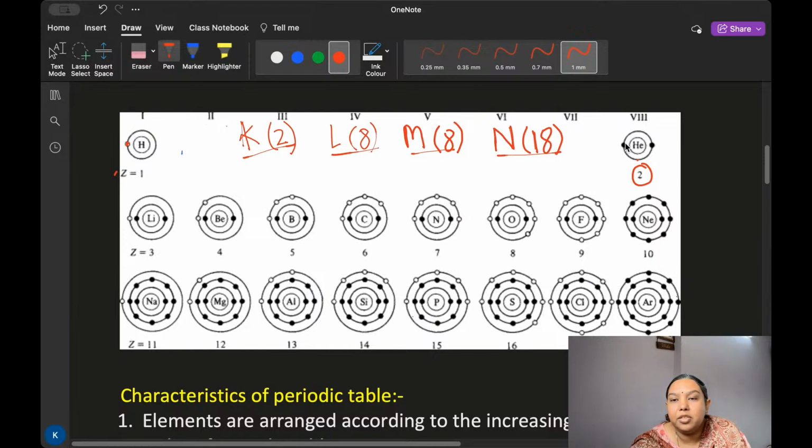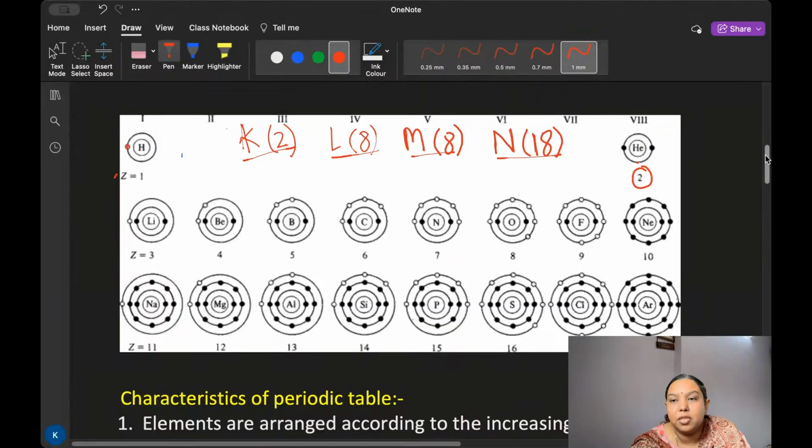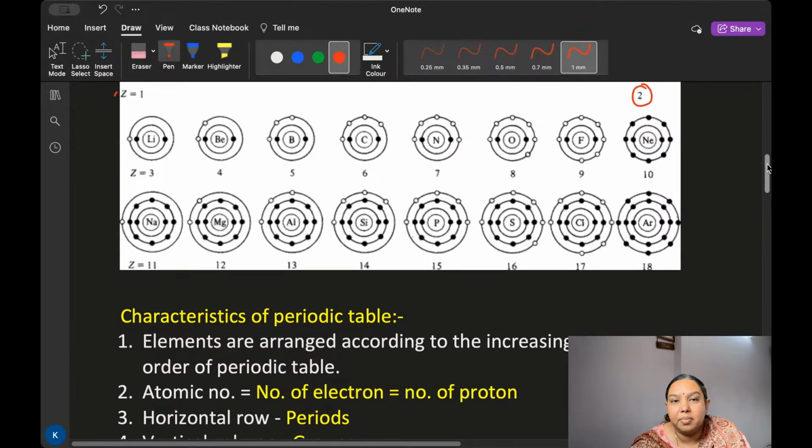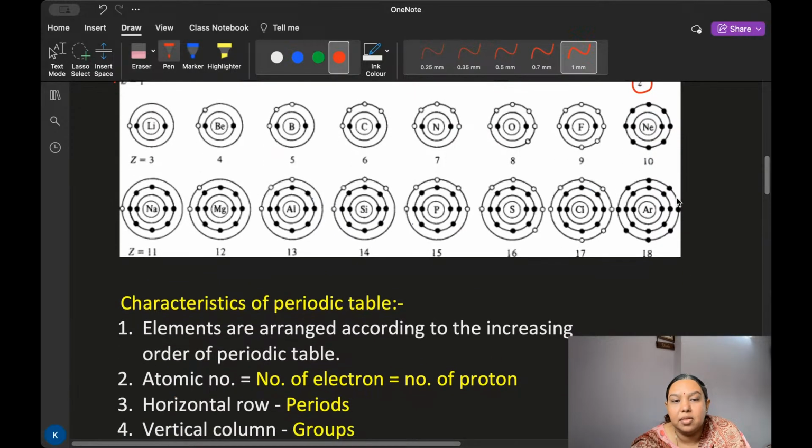So now we have reached helium. Helium has atomic number 2, and the number of electrons and the number of protons are always the same as the atomic number. So here is the rule: atomic number of any element is equal to the number of electrons and number of protons.